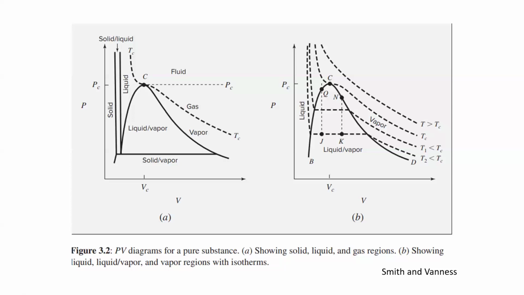how the state variables, the pressure, volume, and temperature, are connected for different substances. We have already talked about the ideal gas system.